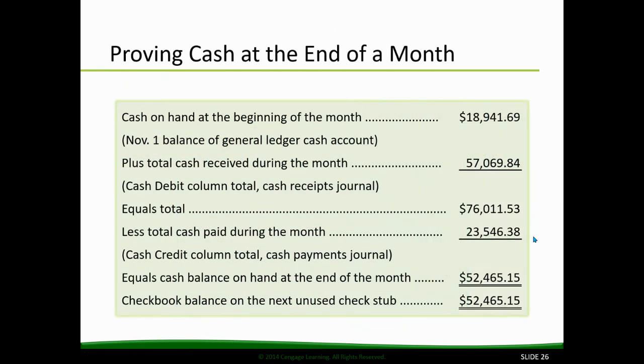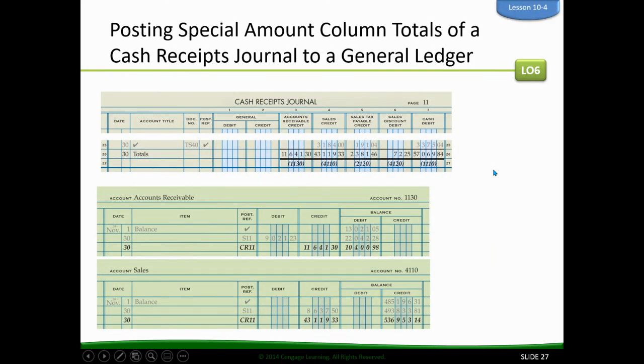The last step that we do is proving cash at the end of the month. In our cash ledger, we have our beginning cash for the month. Notice it tells you right where you get it, the November 1st balance of the general ledger cash account. Then we take the total of cash received during the month. Look at this number. That same number is right here, and right there.